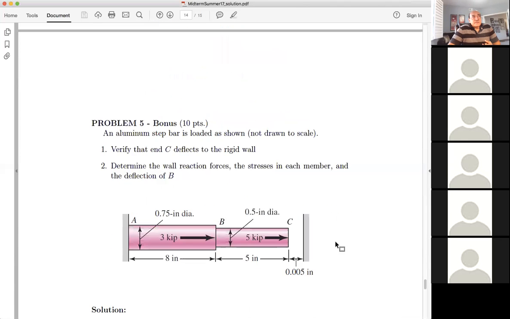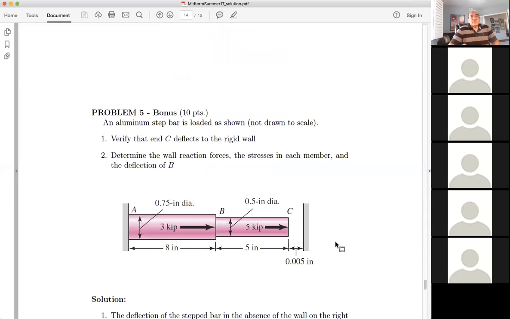Then the last problem was a bonus problem, and it's kind of a cleverness problem, right? It's of this variety. We have two shafts that are pulled, and the tip at C is pulled by a concentrated force of 5 kilopounds, and at B is 3 kilopounds.